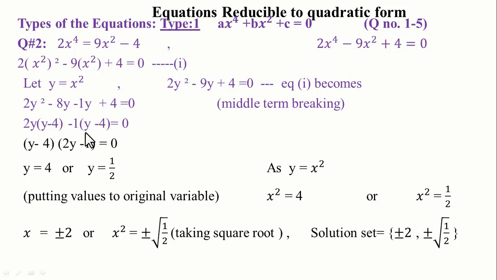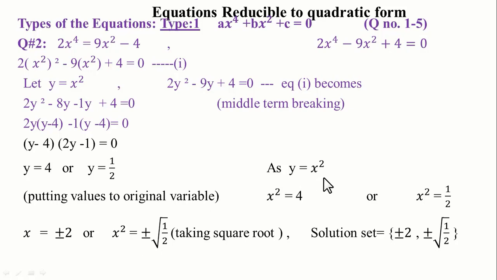We arrange it as y minus 4 into 2y minus 1 is equal to 0. Then y minus 4 is equal to 0, so y is equal to 4, or 2y minus 1 is equal to 0, so y is equal to 1 upon 2.